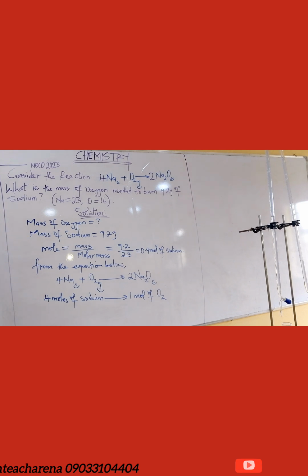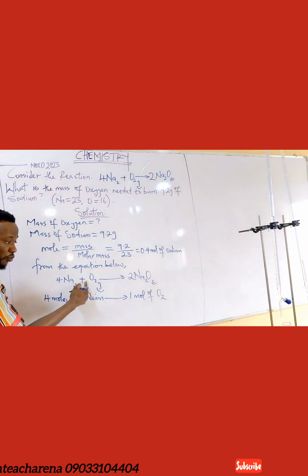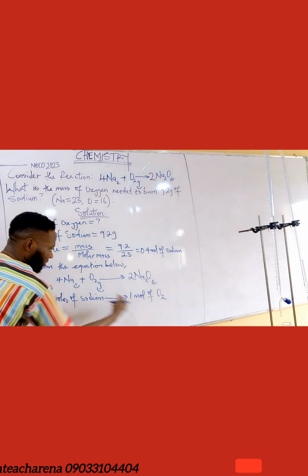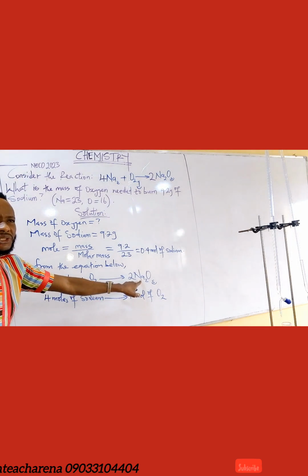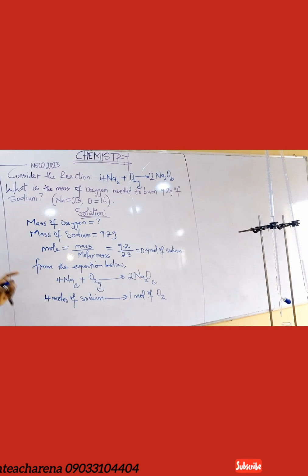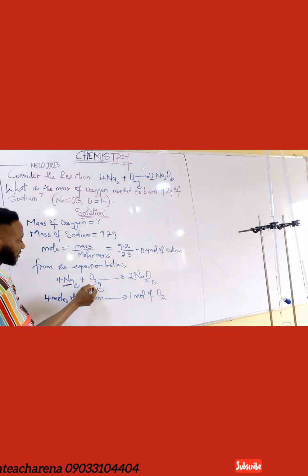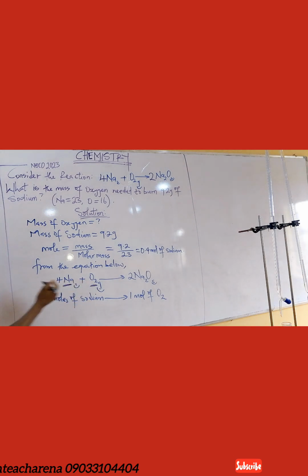And it gives me this one, but we don't have any business with this one. Our major concern is between this and this, sodium and oxygen. So 4 mole gives me 1 mole.